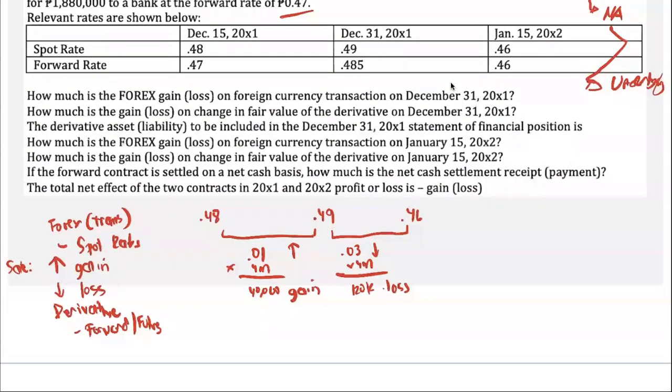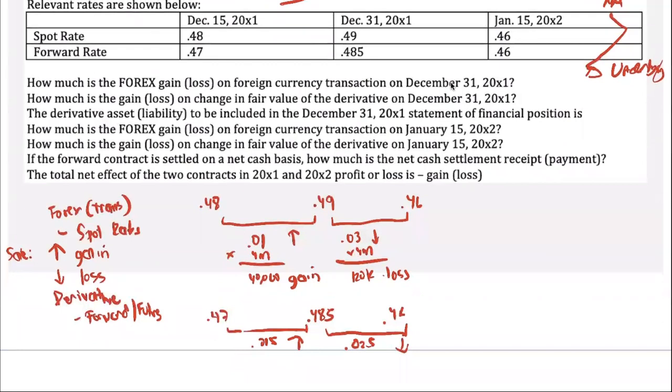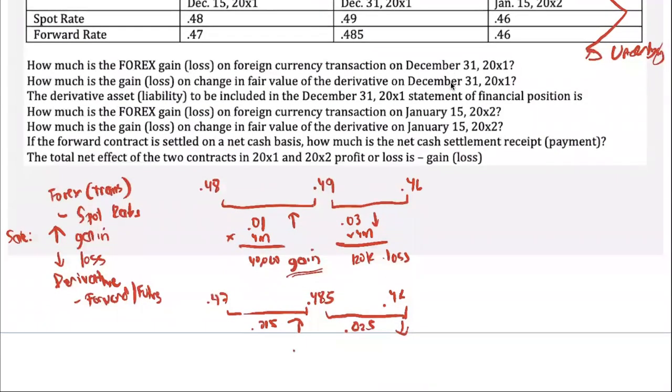Now for derivative. For derivative, we account 0.47, 0.485, and then 0.46. So this one is 0.015. This one is 0.025. Okay, so there is an increase here. There is a decrease. Okay, so we said the gain on the transaction, di ba may gain dyan? The gain on a transaction is a loss on the derivative.